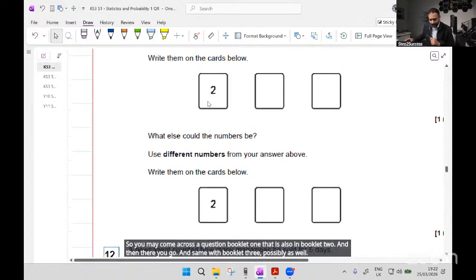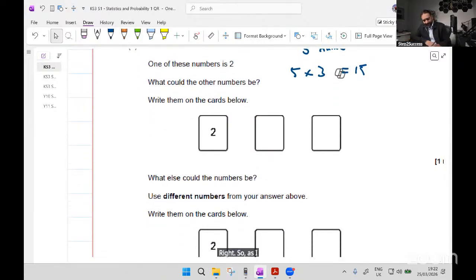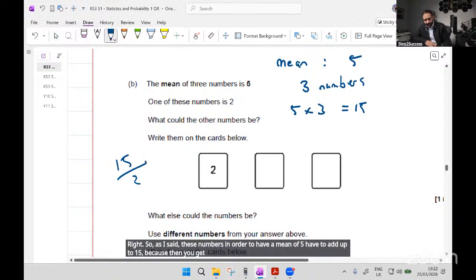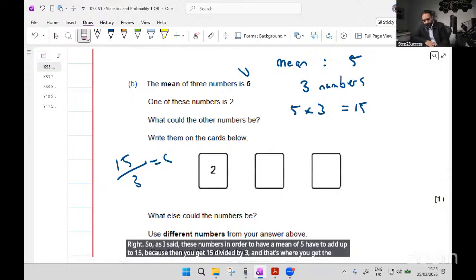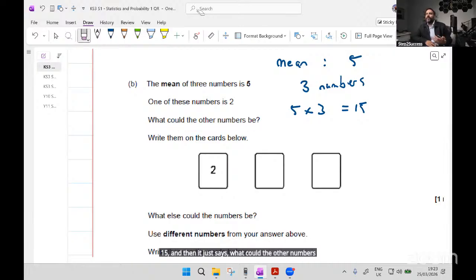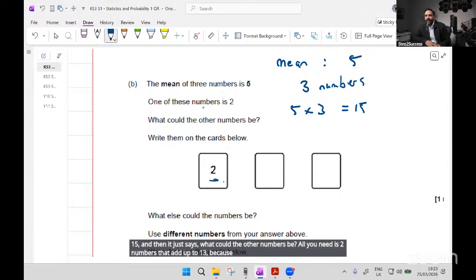So as I said, these numbers, in order to have a mean of 5, have to add up to 15, because then you get 15 divided by 3, and that's where you get the 5 from. So I know that these have to add up to 15, and then it just says, what could the other numbers be? All you need is two numbers that add up to 13, because you've already got a 2, and I said that all of them have to add up to 15.